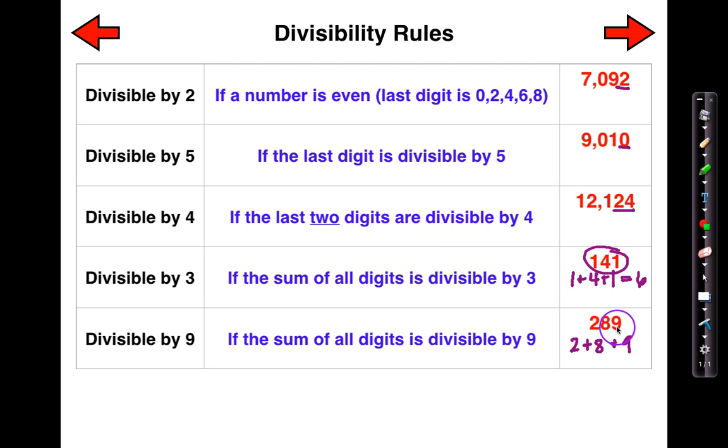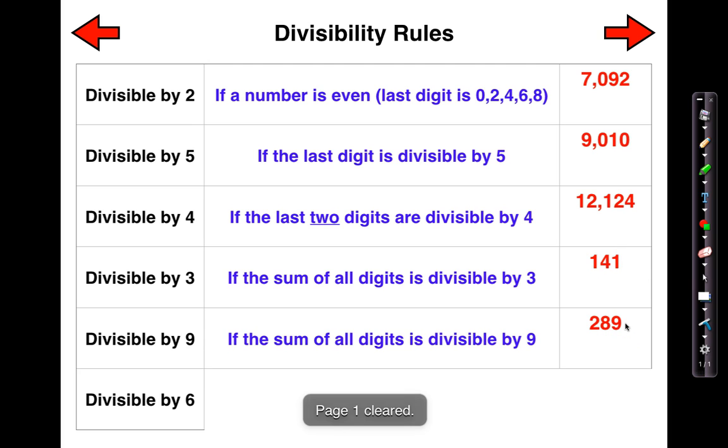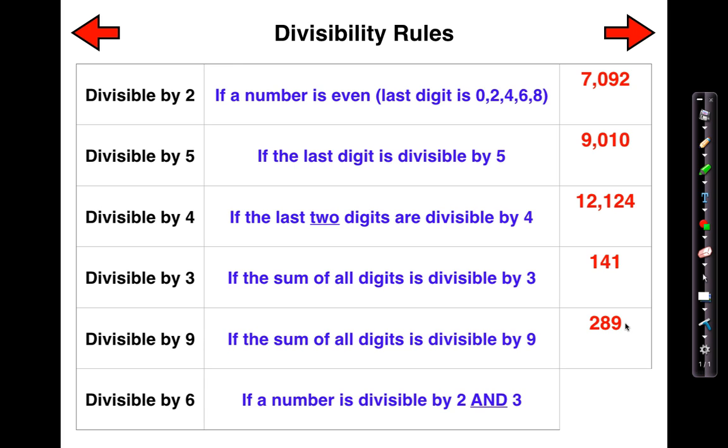Well, if I made this 9 and 8, okay, then it would be divisible by 9 because 2 plus 8 is 10, 8 plus 8 is 18. So things like that. And the last one I want to talk about is divisible by 6. If your number is divisible by 2, which means it is even, and it's divisible by 3 because all the digits add up to a number that's divisible by 3, then it will be divisible by 6.